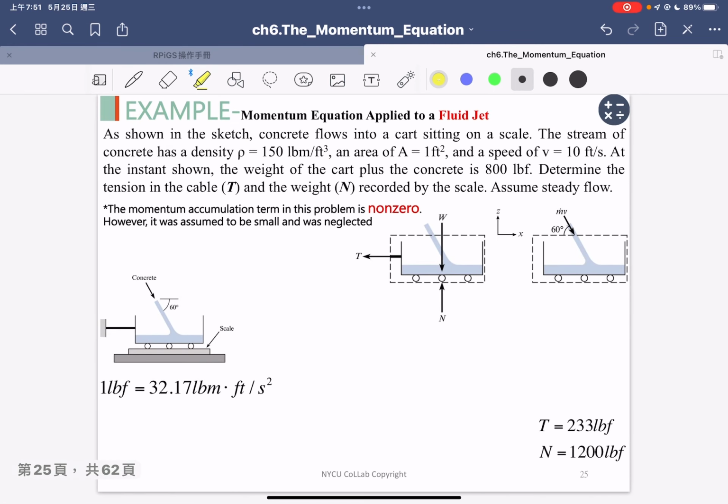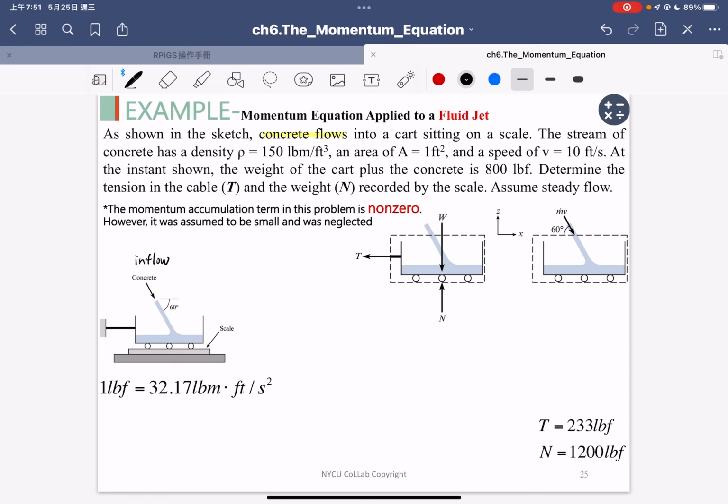And the second exercise is related to the fluid jet, as you can see shown here, and the fluid right now is concrete flow. We only have the inflow for our problem.